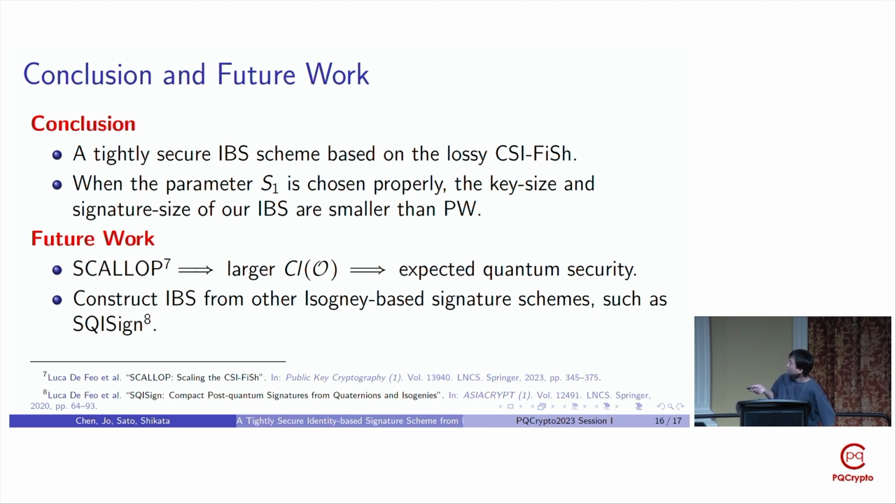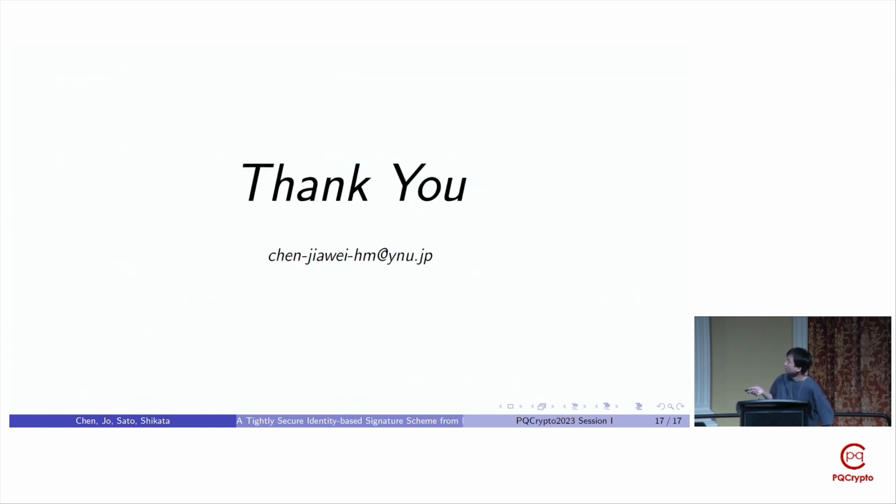And we may also consider constructing IBS from other isogeny-based signature schemes, such as SQISign introduced just now. But since SQISign is built from a particular starting elliptic curve, the approach in this work cannot be applied directly to SQISign. Thank you for listening.